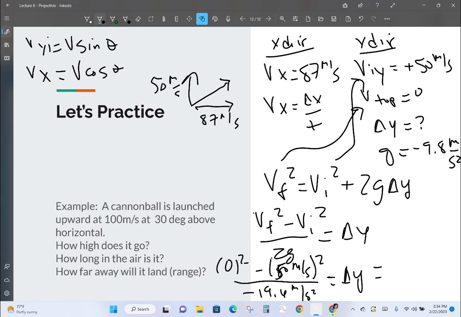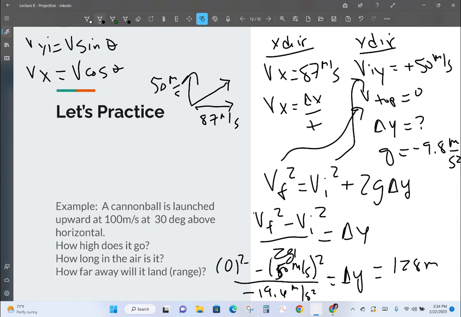I apologize for my big fingers. So 50 squared is 2,500 divided by 19.6. I can get rid of the negatives, and I'm going to get a height of 128 meters.